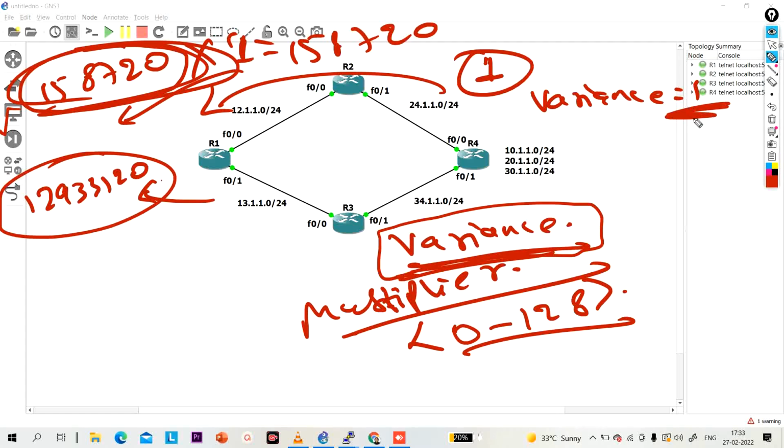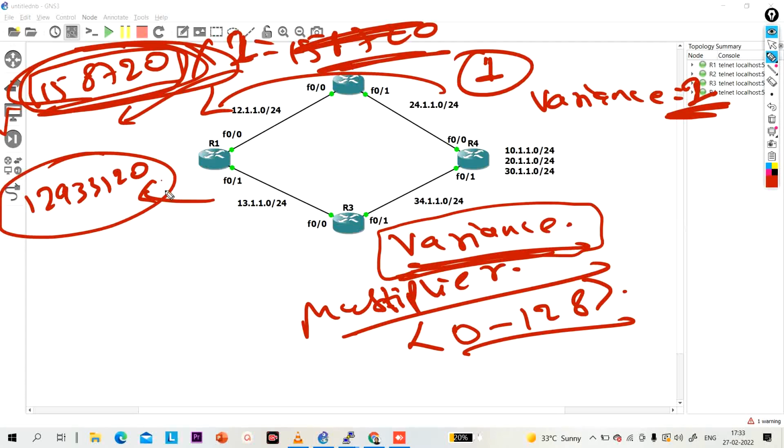What happens if I put variance value 2? Then definitely this router will multiply the metric of the best path by 2, and then this router will get some different value, right?